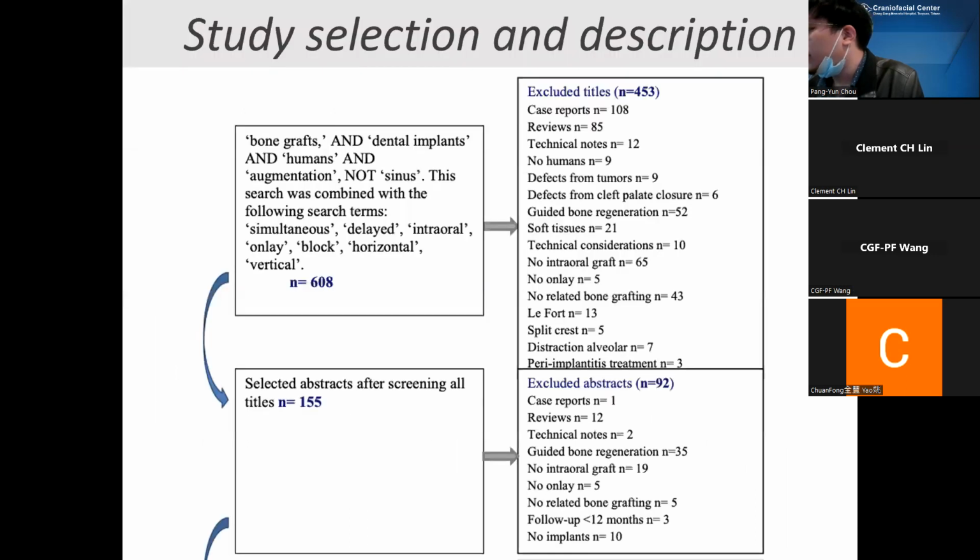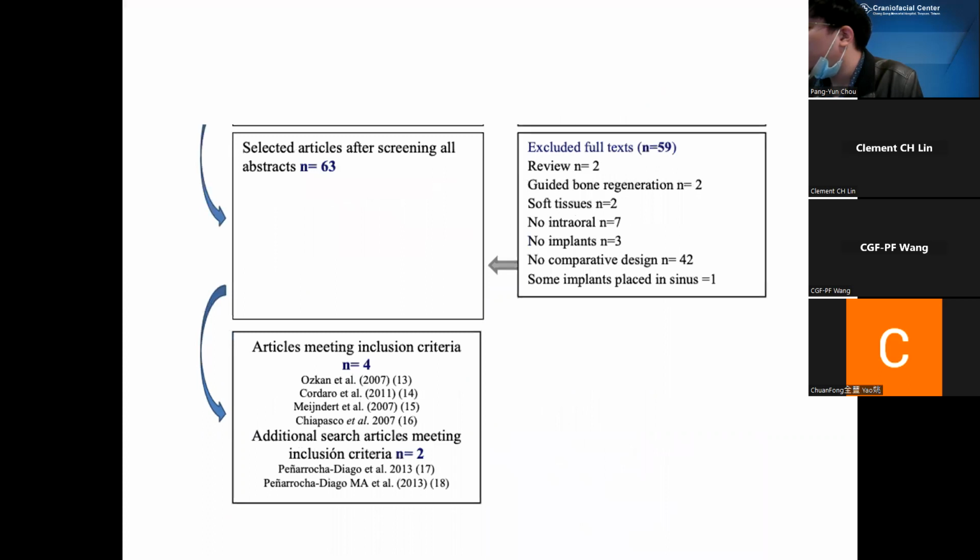And the results: the electronic and hand searches yielded a total of 608 articles, and 453 studies were excluded after screening the titles, and 92 after reading the abstracts. Overall, 63 full articles were retrieved for a more detailed evaluation, but only 4 of them fulfilled the inclusion criteria for data extraction. The results are presented separately for the horizontal and the vertical augmentation procedures.